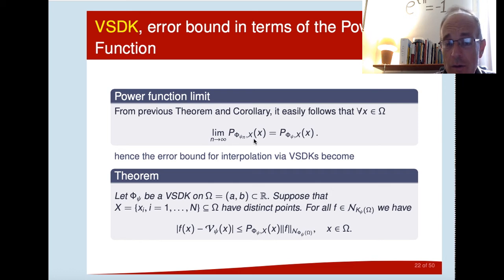Once we know that the power function converges in the limit, then we can describe the pointwise error between the function and the variably scaled discontinuous kernel interpolant in terms of this power function and the usual norm in the native space, in this case of the phi of psi of this variably scaled kernel.